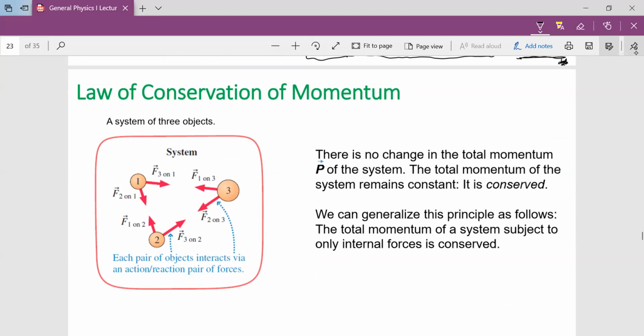Now, taking this idea to understanding the laws that apply to determining if a system has conserved momentum or not, when we have a complex system with more than just one pair of action-reaction, what do we do? How do we determine the conservation of momentum in such a system?